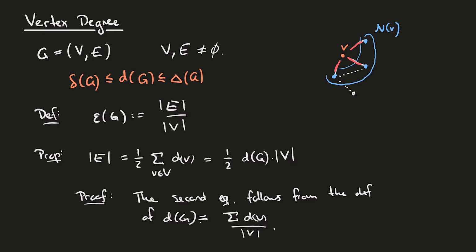Thus, we just need to show the first equality, and this follows by counting. What I mean by this is that if we count all the edges in G, then for each edge e in G, we count its endpoints twice.